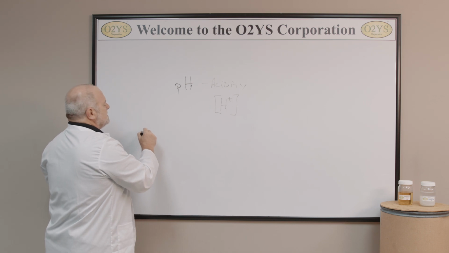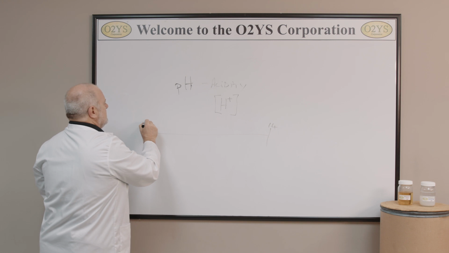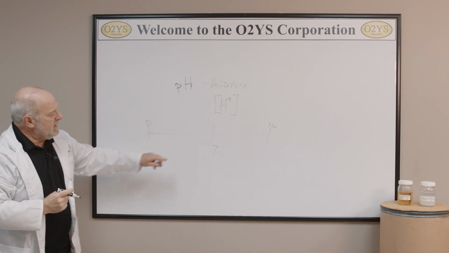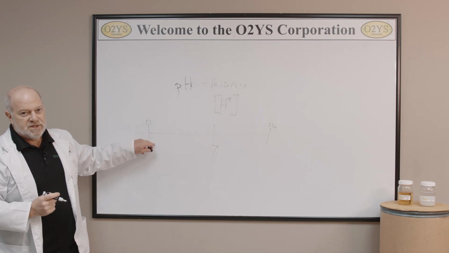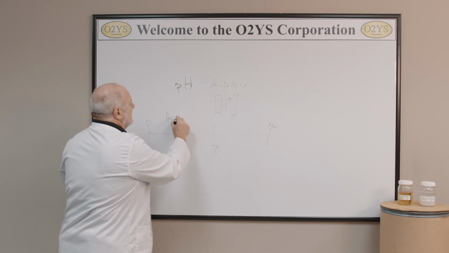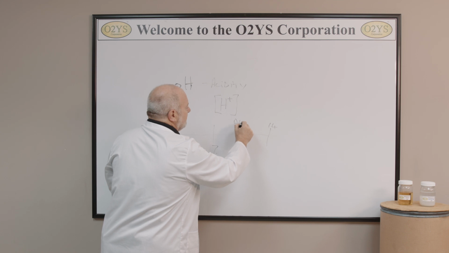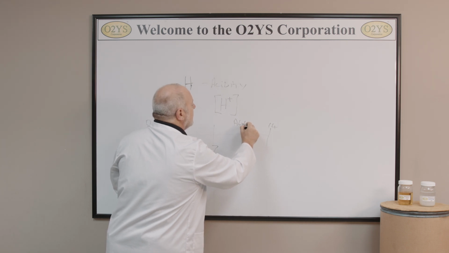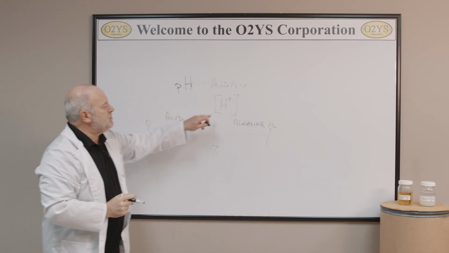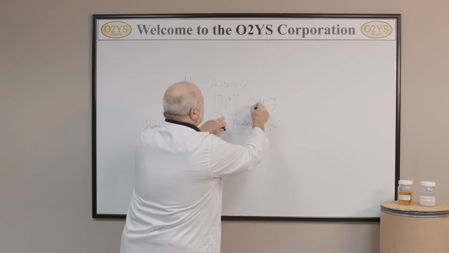pH is measured along a scale from 14 to 0, and we have a midpoint of 7. So anything in the pH range below 7 is acid, and everything above that is termed alkaline, or alkali, or base. And there's a balance between hydrogen ions and what are called hydroxyl ions.